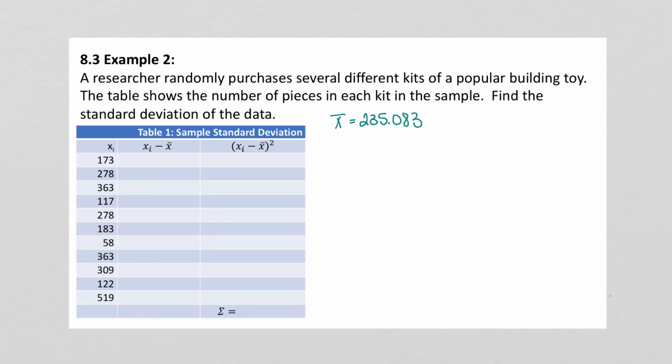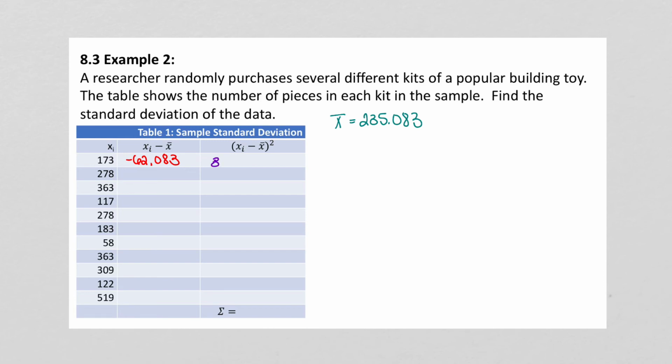And then we take each data point minus the mean. So 173 minus 235.083 is negative 62.083. And we square that for the next column.